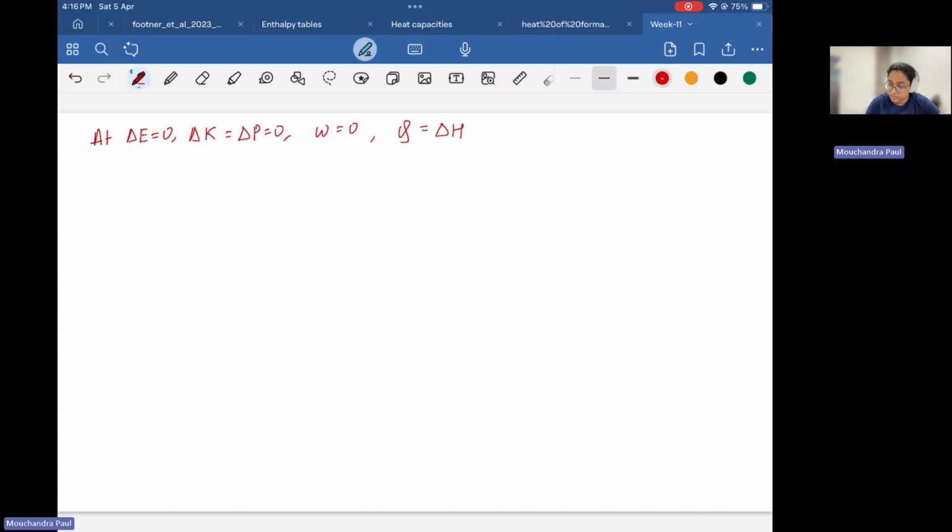When we want to calculate this at temperature T, let's write delta H, or since we want to represent it as a heat of reaction, delta H R T.